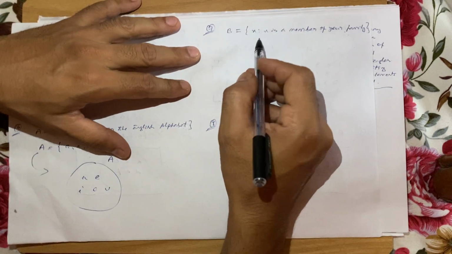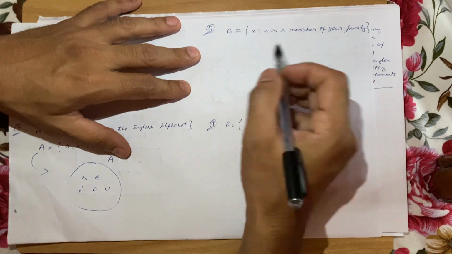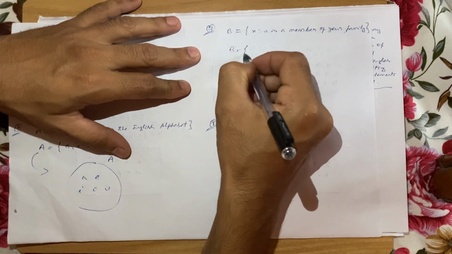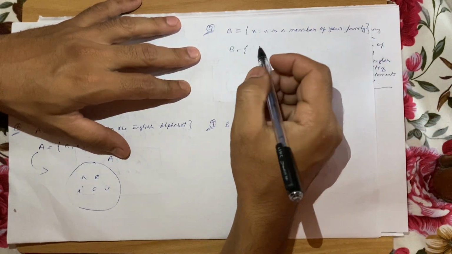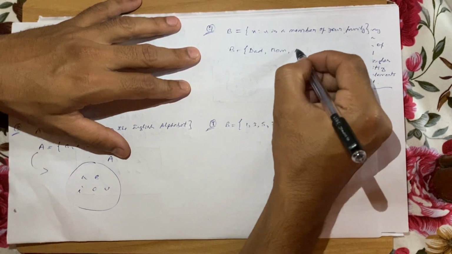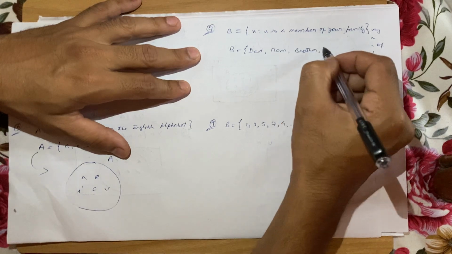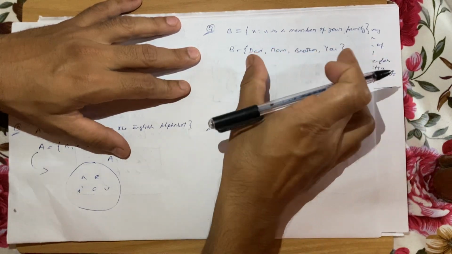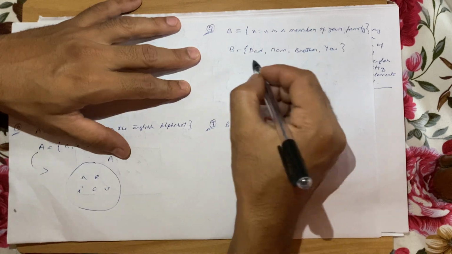The next one. Set B is X such that X is a member of your family. Let's say there are 4 members in your family: your dad, your mom, your brother, and you. So this is a set.